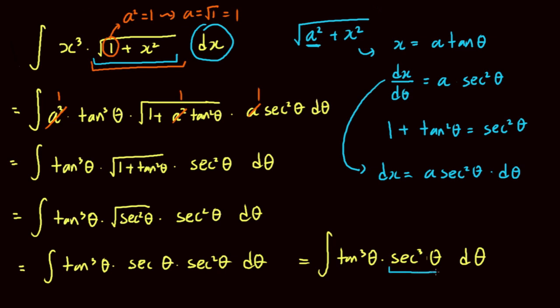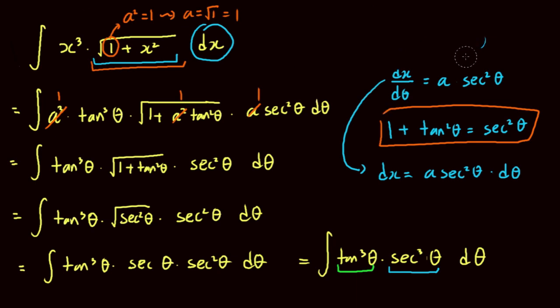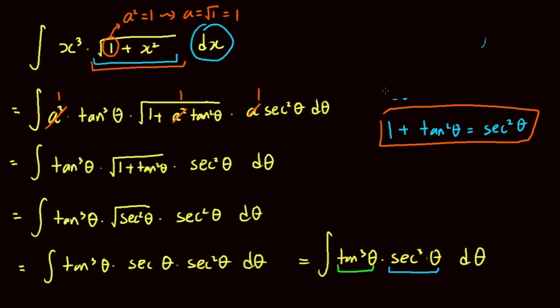Now we obviously know that sec cubed and tan cubed are related to each other. They have the identity that we highlighted earlier. I think I might have to erase this so that we can have a bit of space. I'm going to write this outside, and change the color to blue.